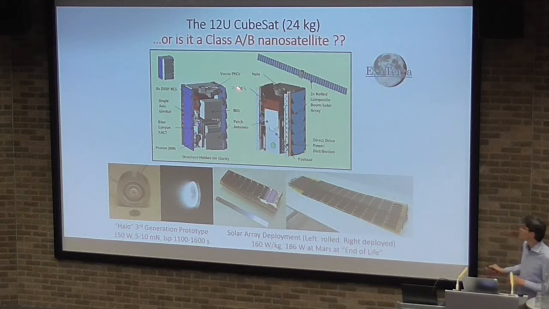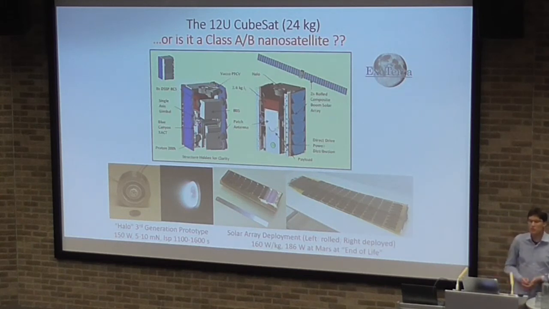So the idea is to have a 2.6 kilogram solid propellant, and the solar power will be produced by a rolled boom of solar arrays, which has a power at the end of life at Mars of 186 volts.